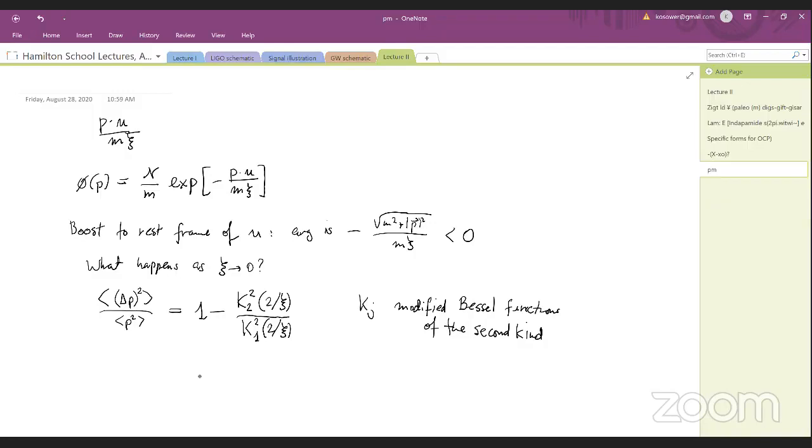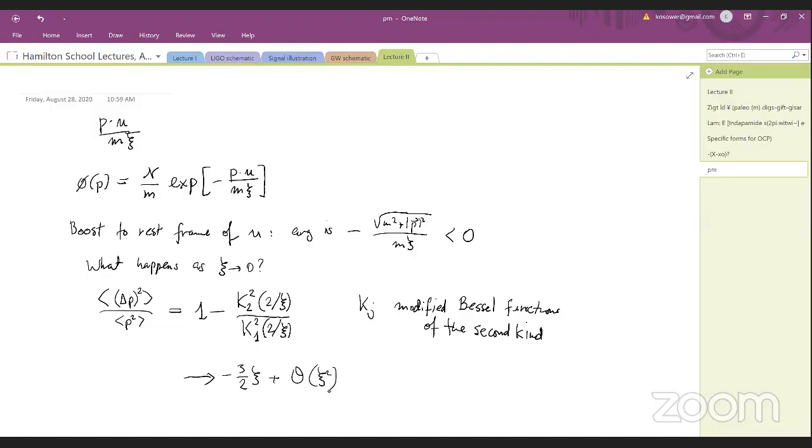And if we now expand this in the limit that c goes to 0, we find that this goes to -3/2 c plus something that's of order c squared.